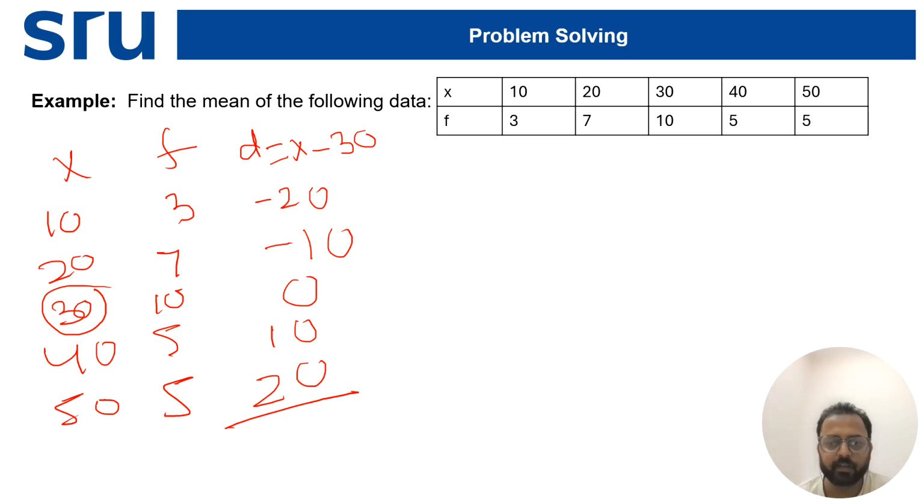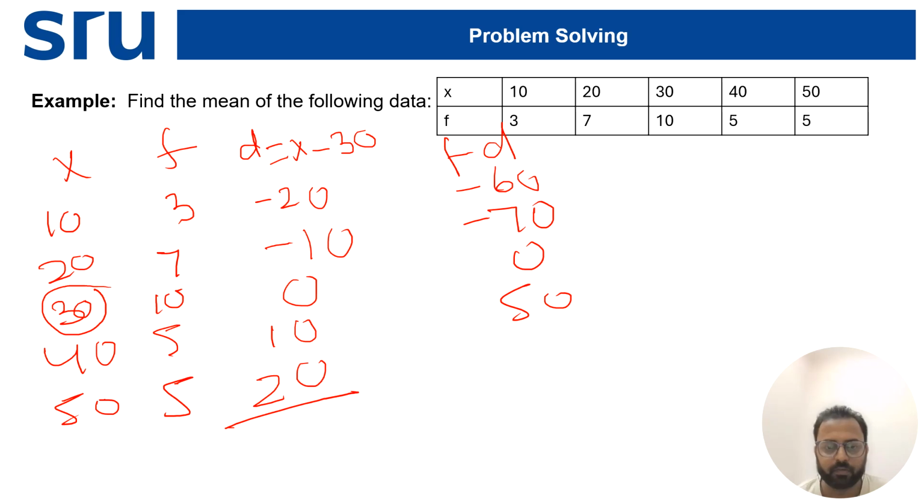Next we find f into d. So minus 20 into 3 is minus 60, minus 10 into 7 is minus 70, 0 into 10 is 0, 5 into 10 is 50, and 5 into 20 is 100.